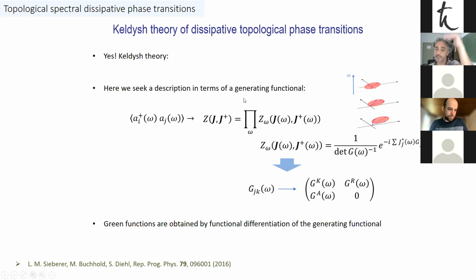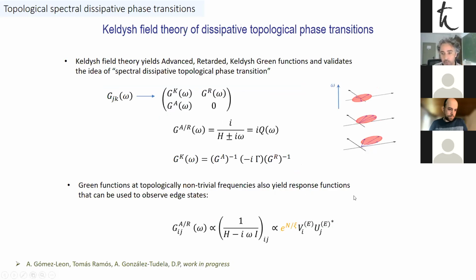And because each generating functional has its own winding number, what we find through the Keldysh formalism is that we can make a topological classification of phases that applies to Green functions as well, not only to the usual photonic spectral densities, but more generally to any response function in the system.